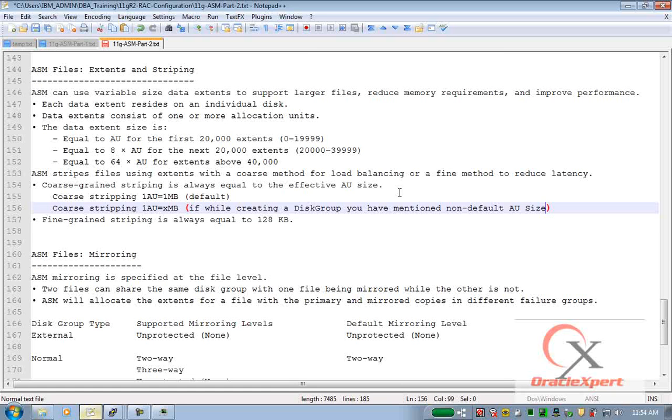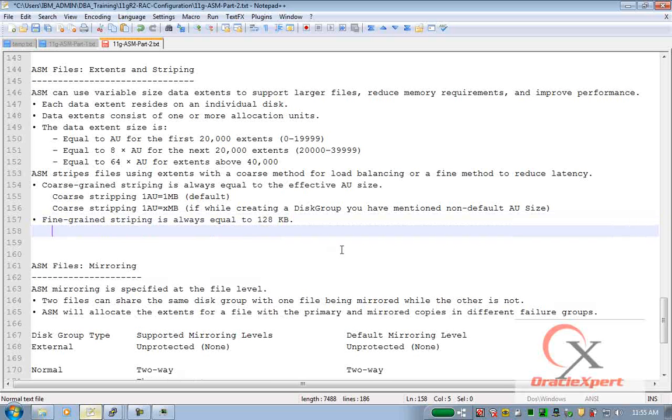And now I am thinking that Oracle is doing a coarse striping. Then in that case, the AU size will be 4 MB. So whatever is the disk group default is the size of AU. In case of fine striping, the AU size is of 128 KB.